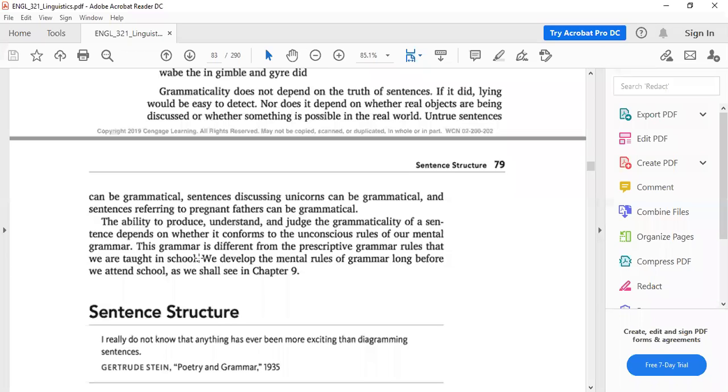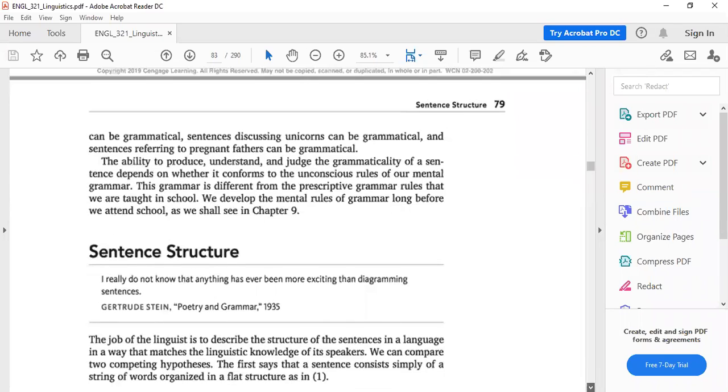But the ability to produce, understand, and judge the grammaticality of a sentence depends on whether it conforms to the unconscious rules of our mental grammar. So this is different from the prescriptive grammar. Good. These points summarize what syntactic rules do.